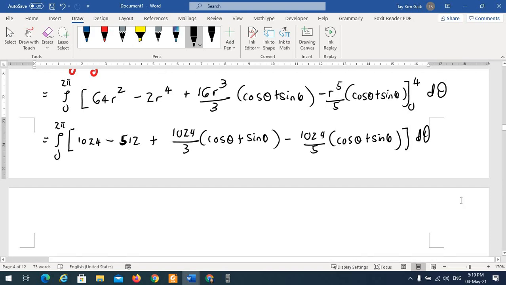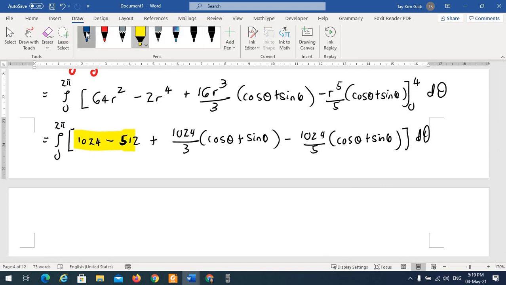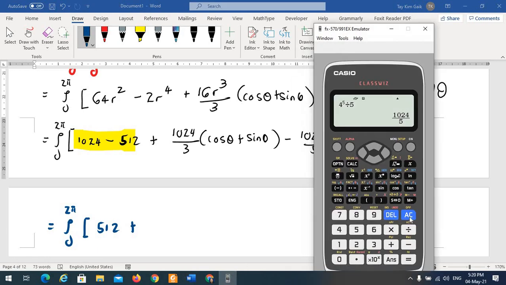So lastly, integrate with respect to theta. We can simplify these two first, plus these two can be simplified: 1024 divided by 3 minus 1024 divided by 5.